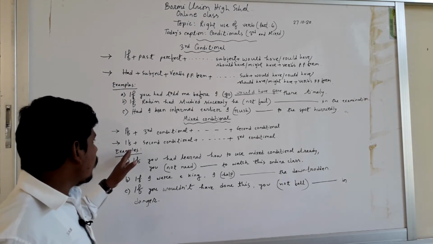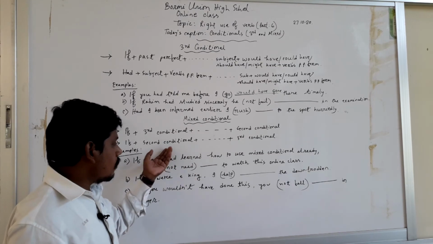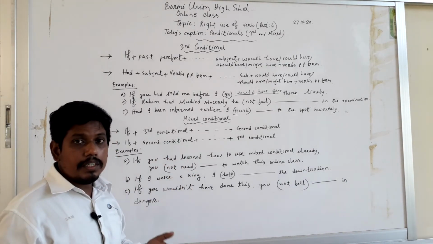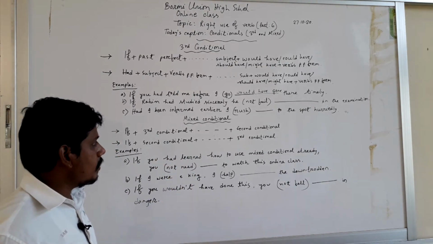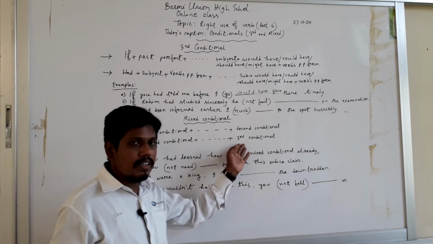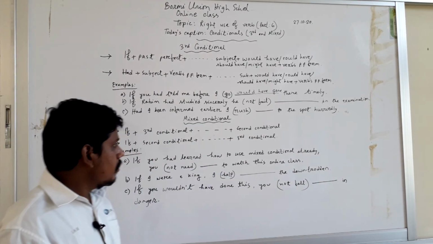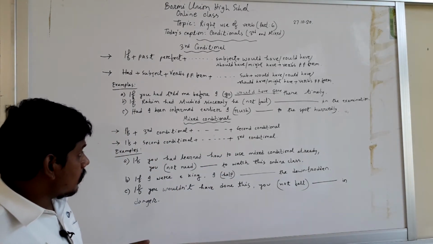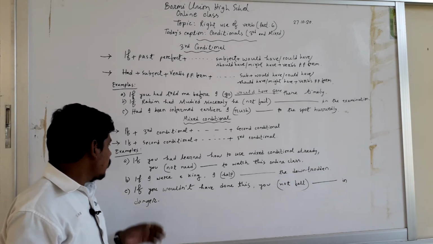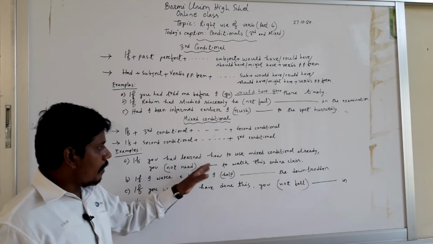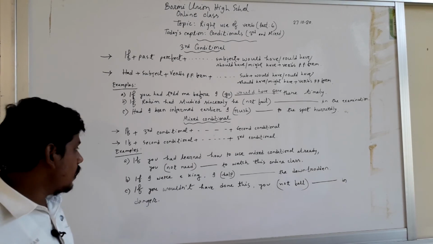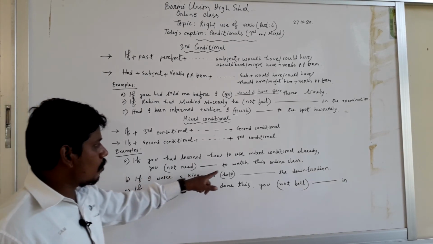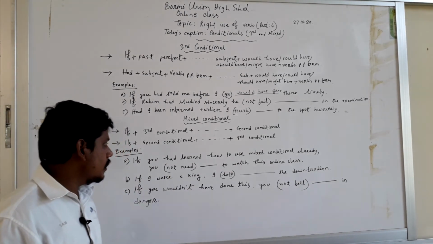And if you find if plus second conditional in the effect part of the clause, then you have to write third conditional in the result part of the sentence. For example, if you had learned how to use mixed conditional already, you will not need to watch this online class.